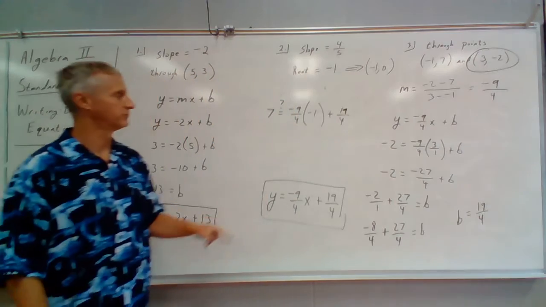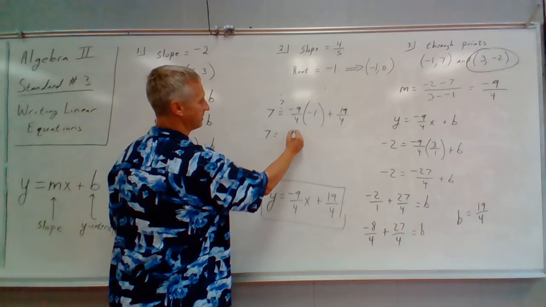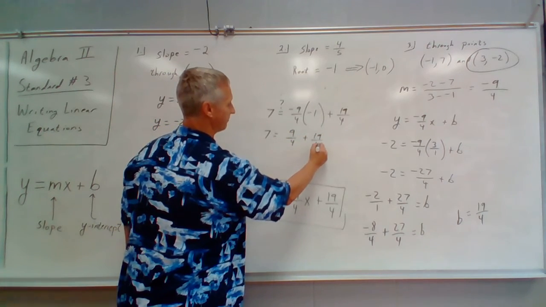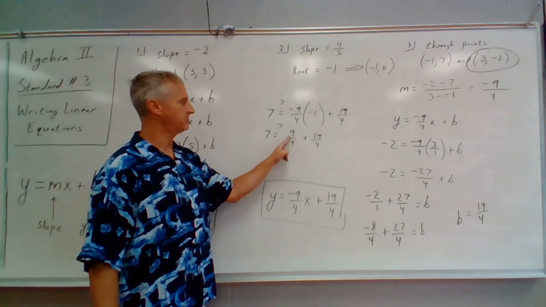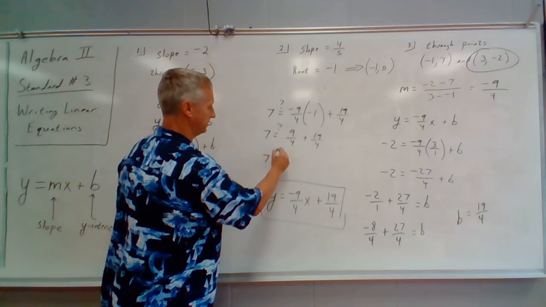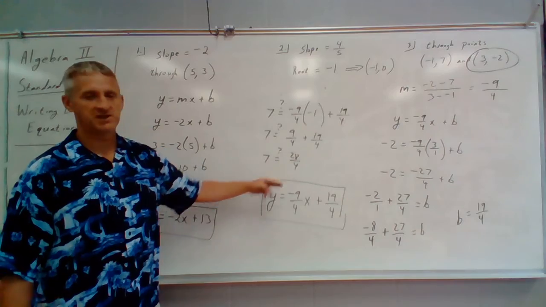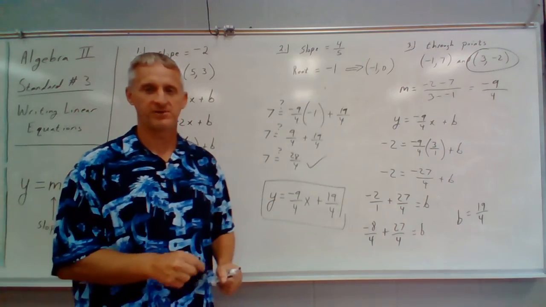Okay, let's see if that's really true. So that'll be 7 equals positive 9/4 plus 19/4. Is that true? 19 plus 9 is 28. So is 7 really equal to 28/4? 28 divided by 4 is 7, so that is true. So we can be confident we got the right answer.